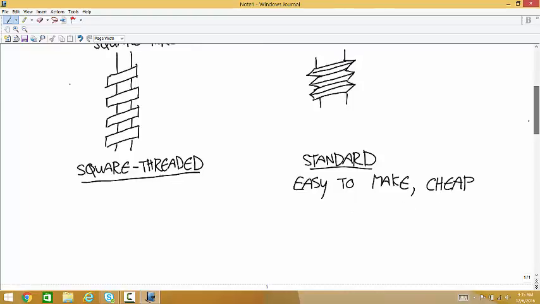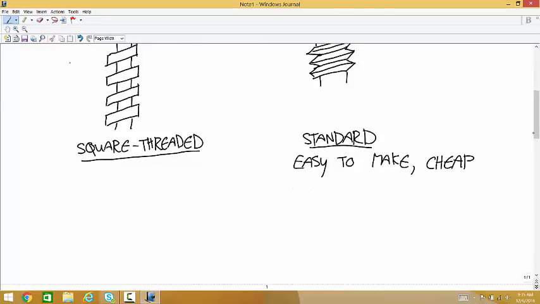Square threaded, though, has a few advantages that make it really useful for large loads. So first, the thread has a constant thickness.